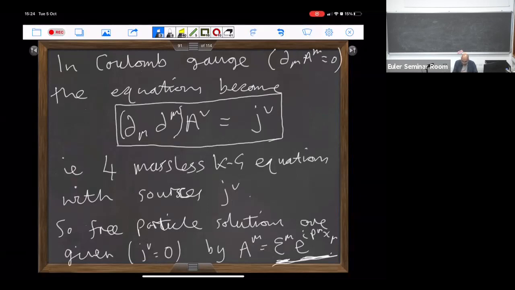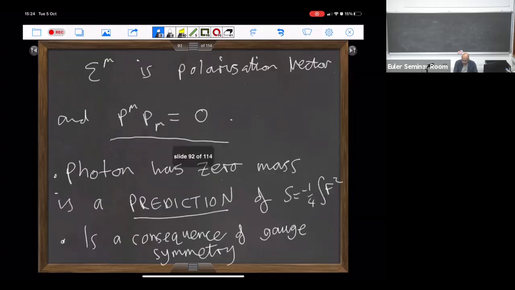So as a classical plane wave solution, you can take into account the different polarizations by choosing appropriate values for the components of epsilon mu. For the particle solutions, only solutions annihilated by p mu would be acceptable.